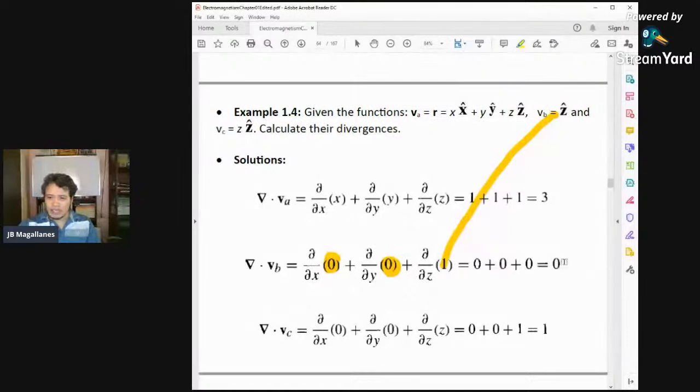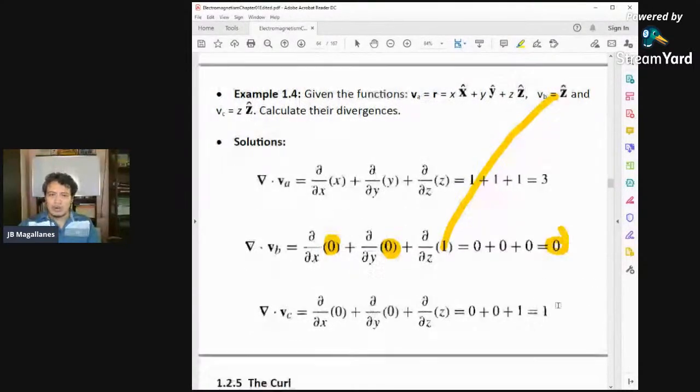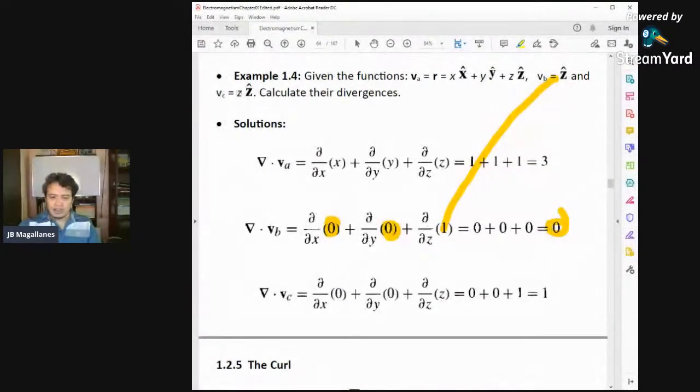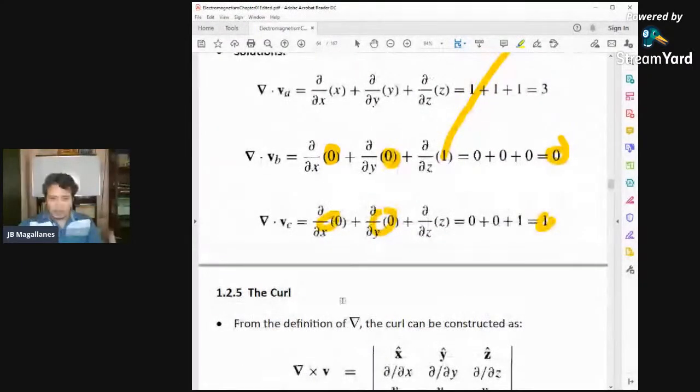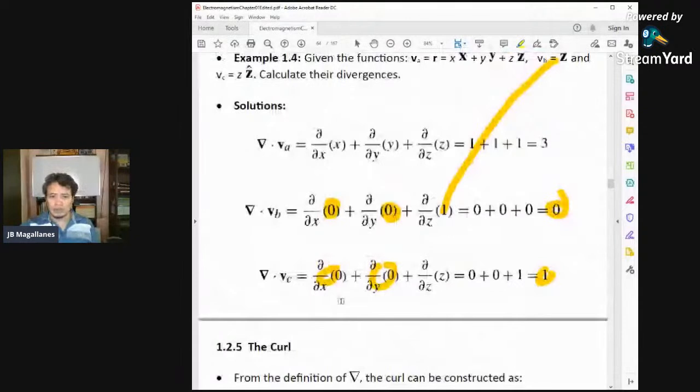So everything is 0. For VC, it has a 0 component on x, 0 component on y, and z component on z. So this is 0, this is 0, this is 1. The partial derivative of z with respect to z is 1. So that's an example. I hope that's easy for you to understand.